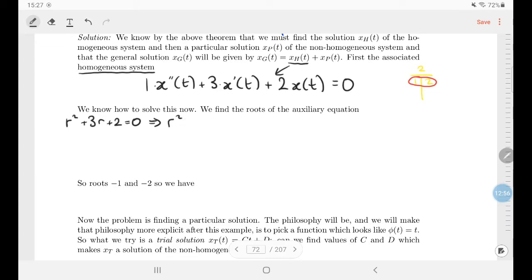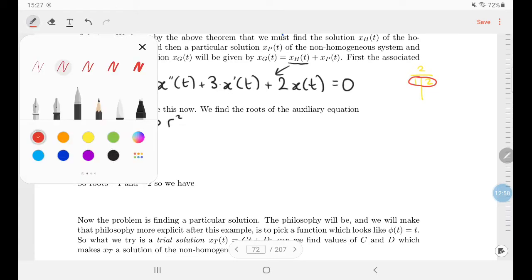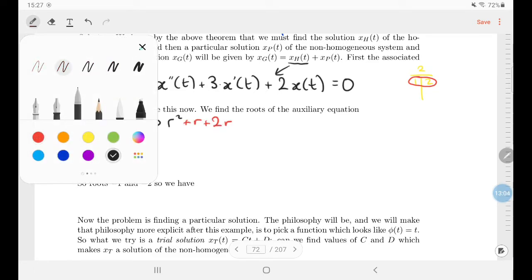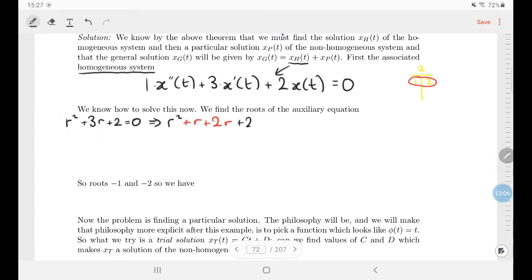So I end up with r squared, and I rewrite the 3r as 1r plus 2r, and we're left there with the plus 2 equal to 0. Now last time I used to leave out the equal to 0, but here I'm going to include it. Now let's factorize this by taking something common out of r squared and r, which is r.